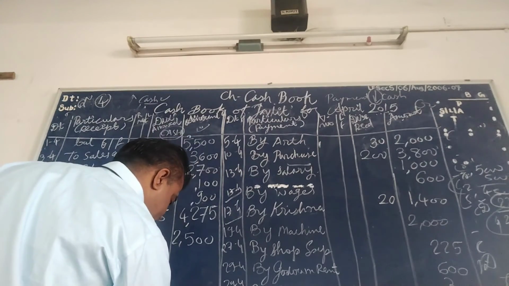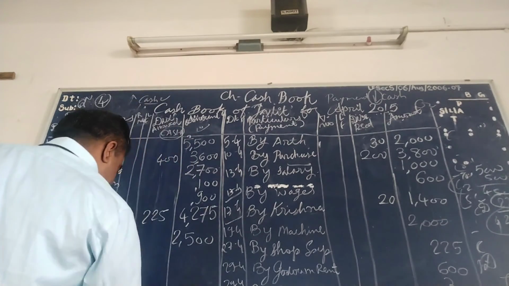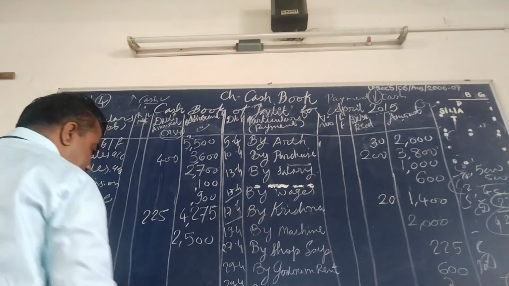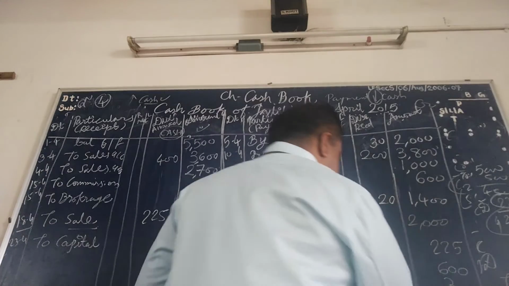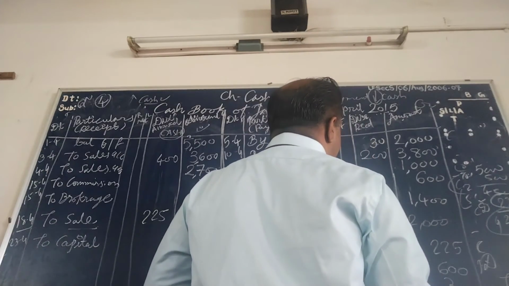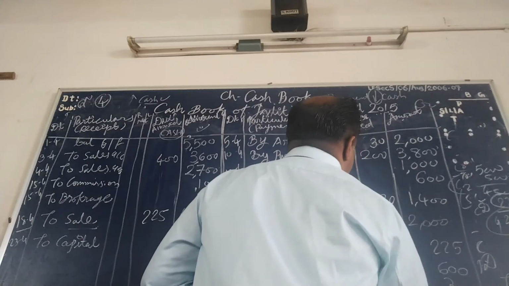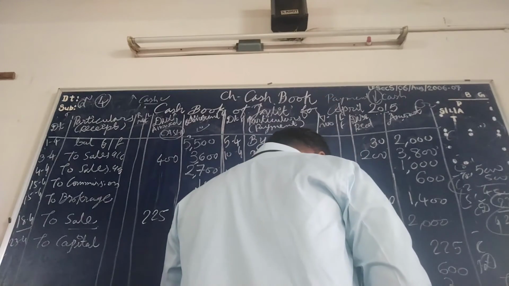Okay, and discount is 625, and here the discount is 250.